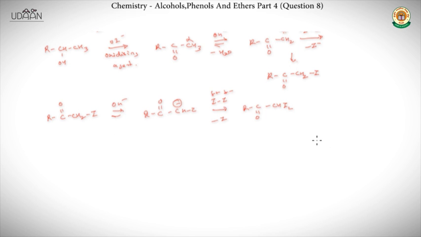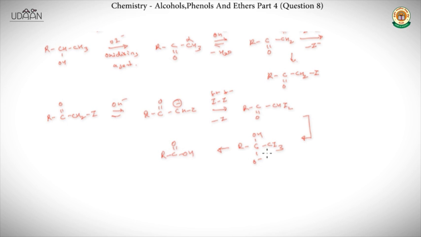And similarly, it will go on till we finally get R-C(=O)-CI3, with O minus here, which will give C double bond O, OH.